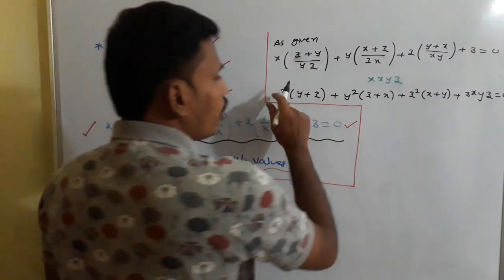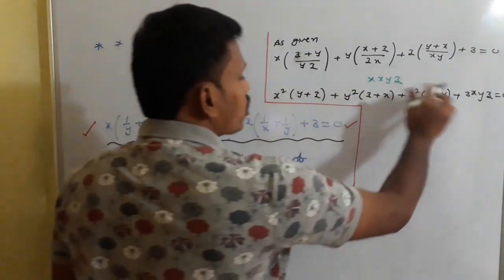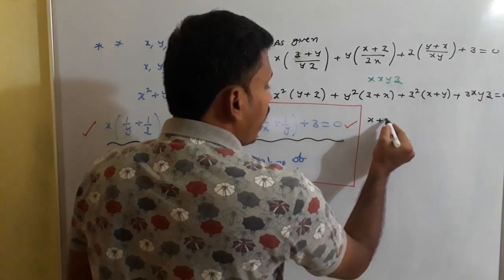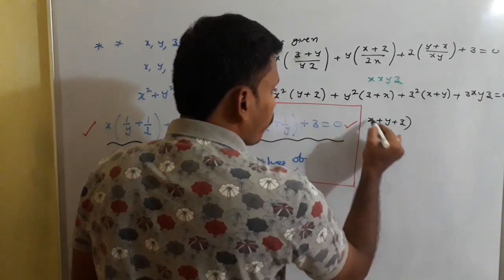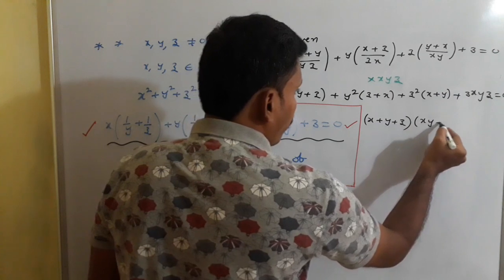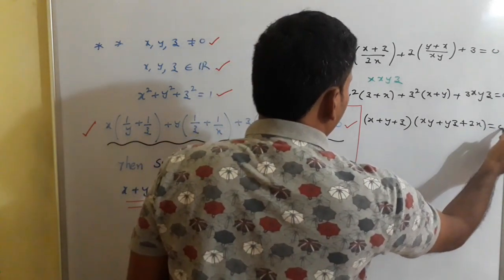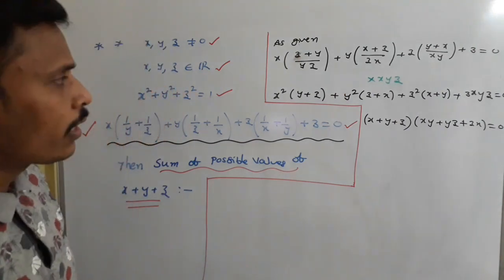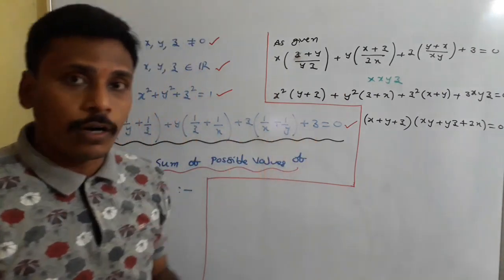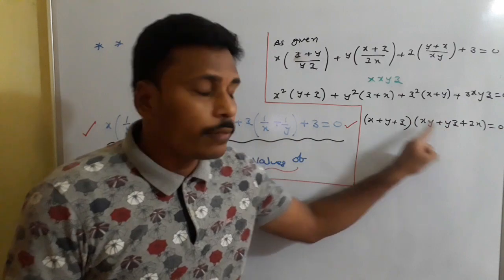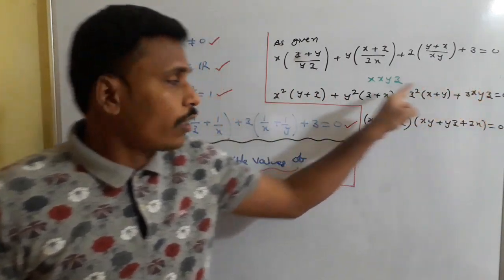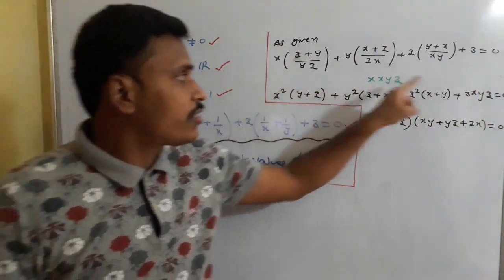If you observe, you will easily identify that this total summation is nothing but x plus y plus z into xy plus yz plus zx, and this is equal to 0. So we have a particular formula: the product of these two is simply this total expression, which is 0 as given.